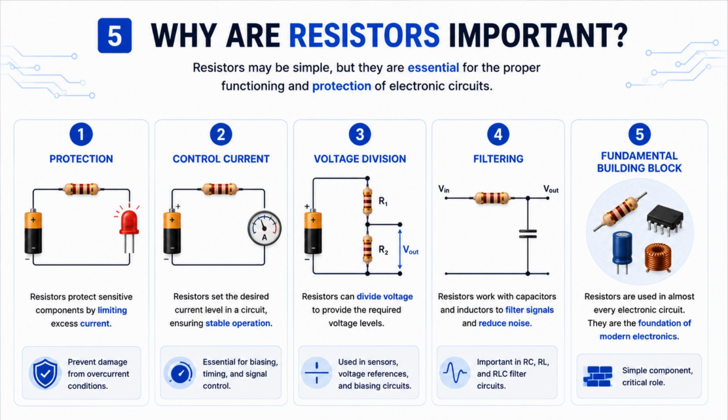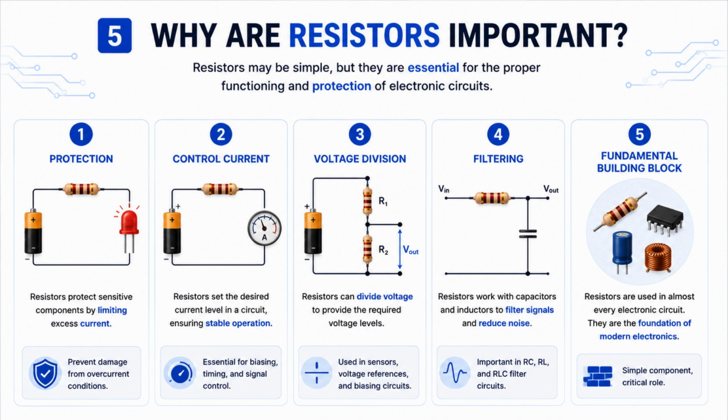Another important application of resistors is voltage division. In many circuits, different components require different voltage levels. Using resistor networks, engineers can create the required voltages for sensors, control units, and signal processing circuits. Resistors also play a significant role in filtering and signal conditioning. When combined with capacitors and inductors, resistors help eliminate noise, stabilize signals, and improve the performance of electronic systems.